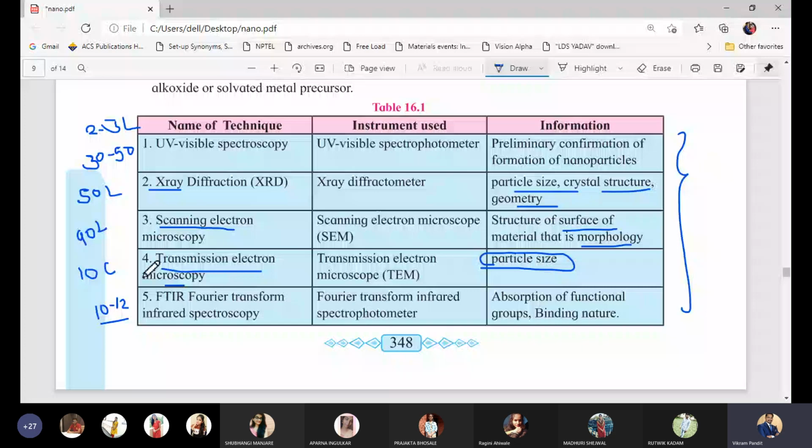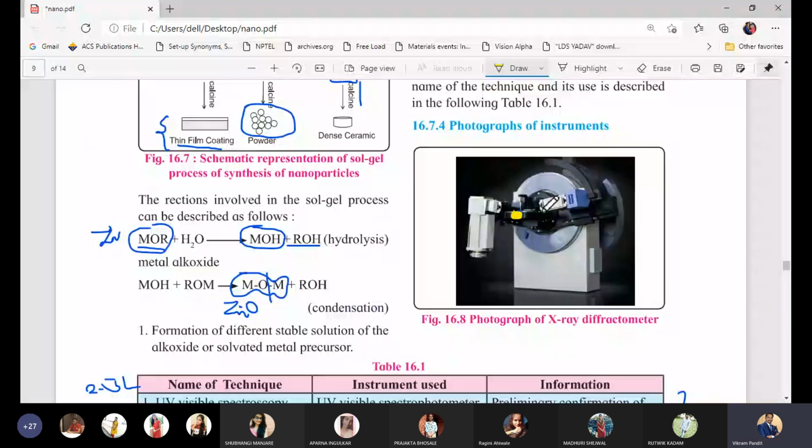Then there is a goniometer. The goniometer holds the source of the X-ray. Okay, so the X-rays come from this onto the sample. And the diffraction of this material to the X-ray is recorded by this detector.